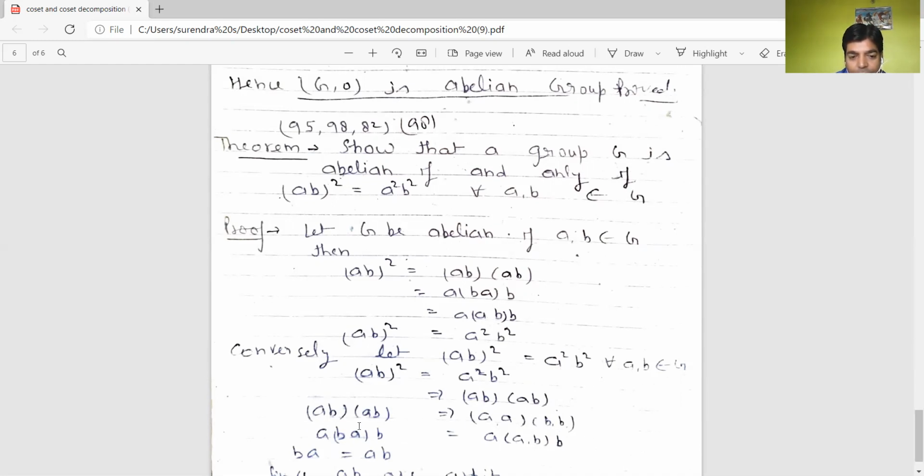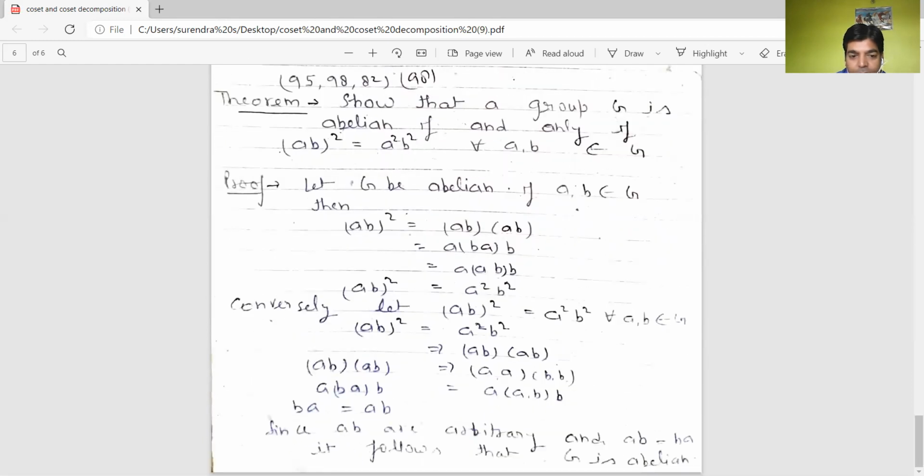Now on this side we can write A(BA)B is equal to A(AB)B. By using the cancellation law of the group, this can be written as BA is equal to AB, which is the commutative law. Since A and B are arbitrary and AB is equal to BA, it follows that G is abelian.